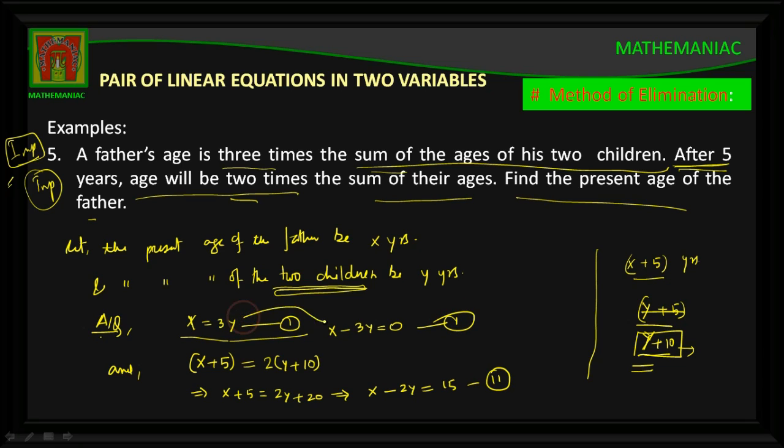Instead of writing like this, you can come here and mark this one, and you can already see another advantage here, that the coefficient of x is already equal, so you can directly subtract, even if you apply the elimination method, right? So I do not want to complete the problem; it is left for you. Please do this, right?